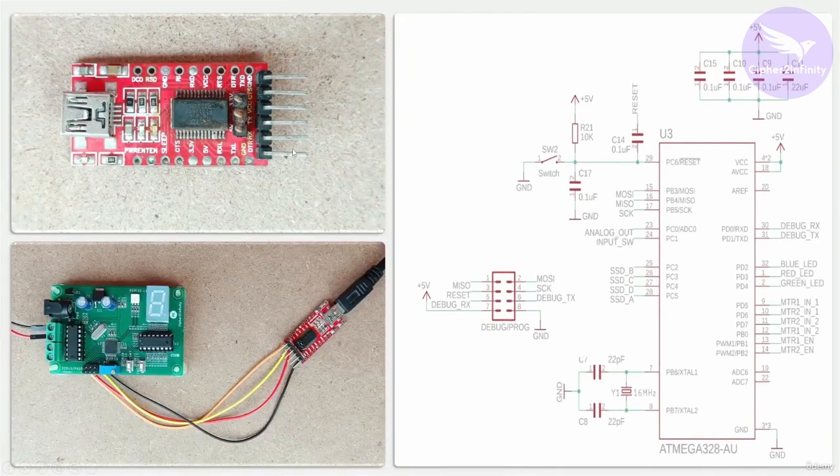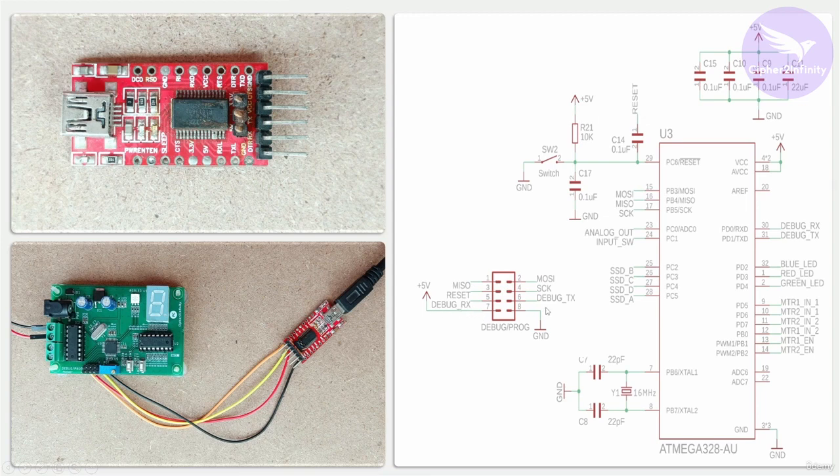Now let's see the interfacing between the microcontroller and this USB to UART converter. Whenever you have to send data from the controller, you know that we are going to use the RX and TX pins of the UART interface, and we have connected these pins to this header. You can see this TX pin is connected to pin number 6 on this header, which is debug TX, and this RX pin is connected to pin number 5 on this header, which is debug RX.